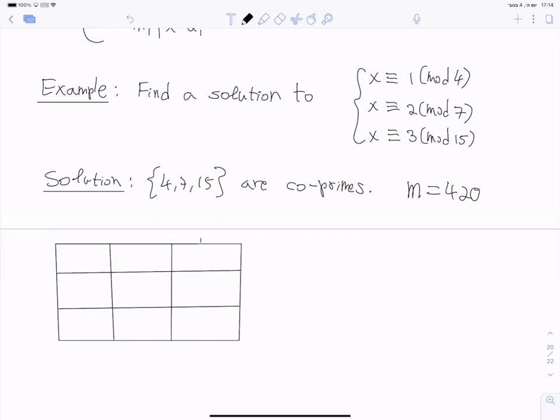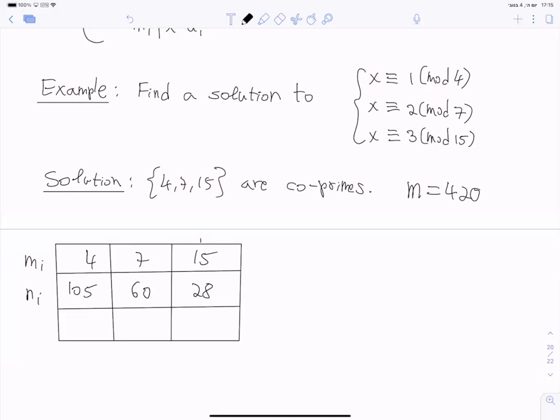Okay, so we have MI. MI is 4, 7, 15. We have NI, which is the multiplication of the others. So here you have 105. Here you have 16. And here we have 28.